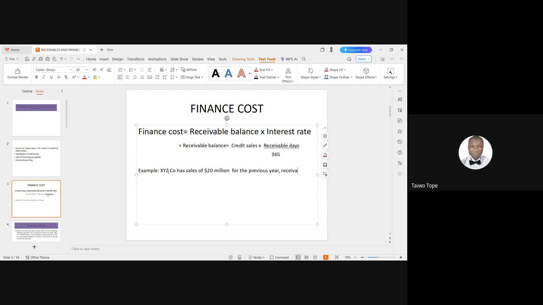Receivables at the year end were 4 million.